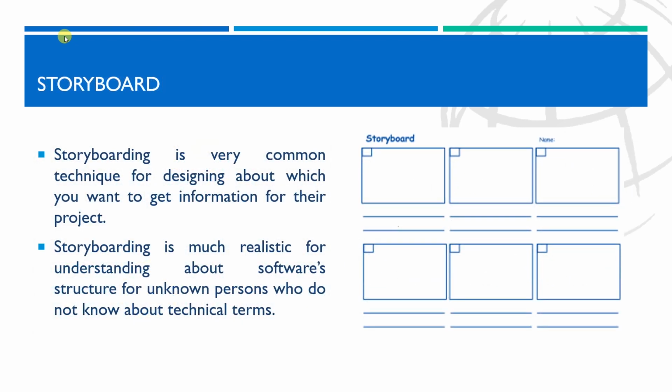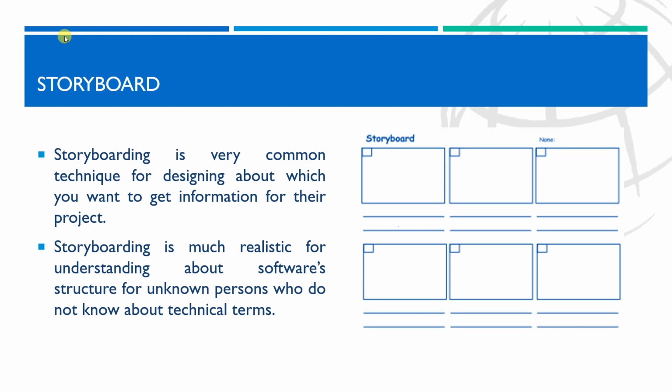Next is the storyboard technique. In this technique, users, customers, and developers draw pictures of the software they want to develop. They draw pictures of all requirements like the toolbar, main window, dialog boxes, etc. After drawing the full picture of all requirements, all members agree upon it.